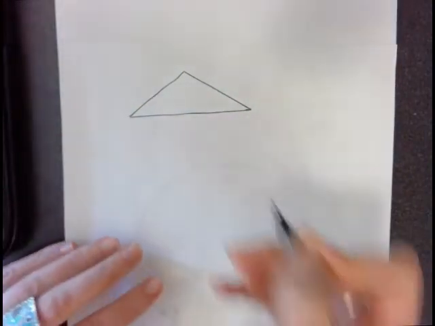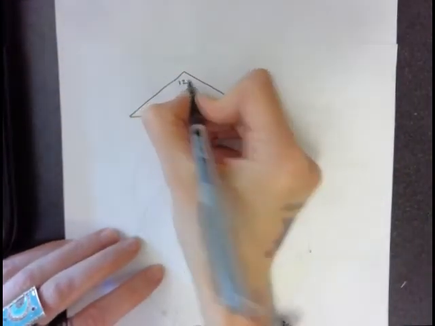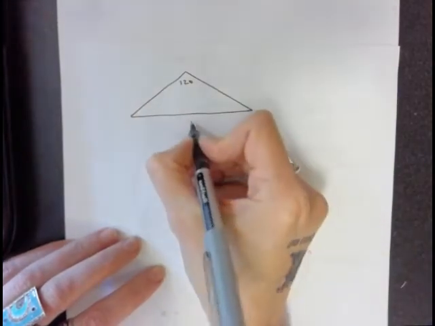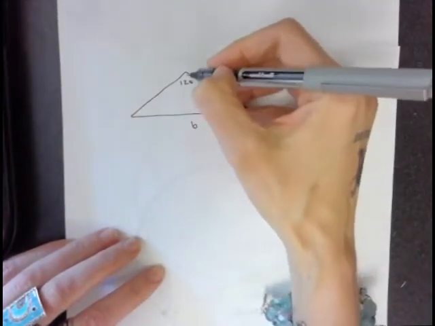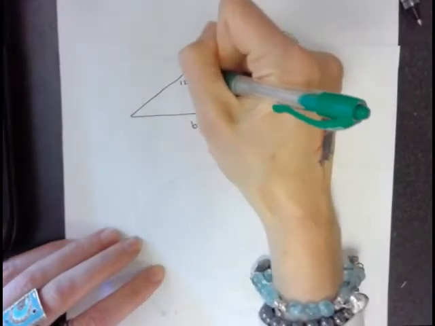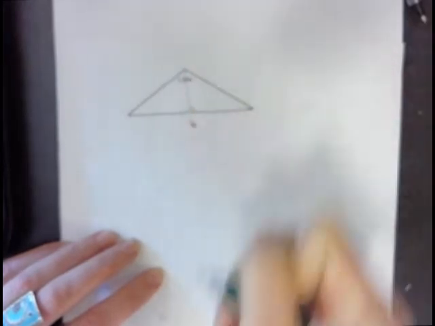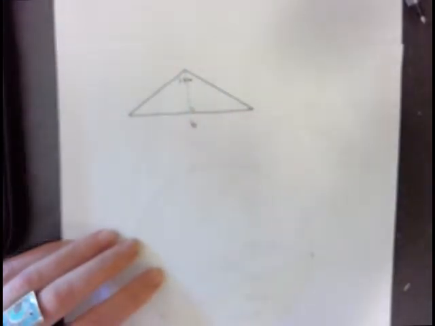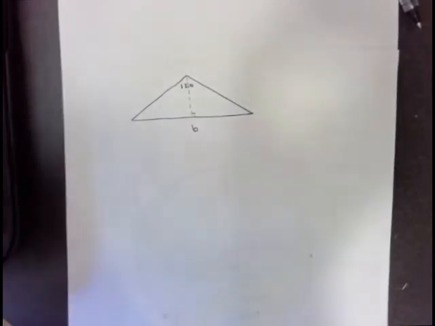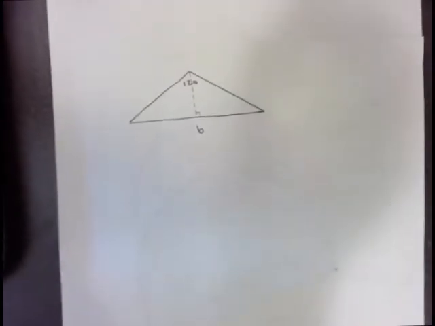I know that this is 120 degrees, and I know that I need a base and a height. So that means I'm going to take my green pen, and I'm going to draw my altitude. Let's not forget that an altitude is a line that's drawn perpendicular to the base.